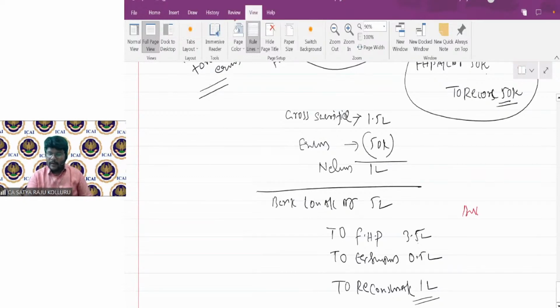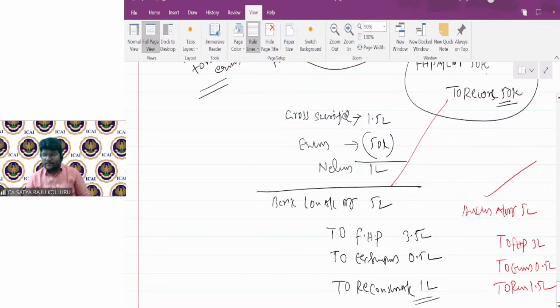So that is bank loan account debit 5 lakh, to freehold property 3 lakhs, to equity share capital 0.5 lakh. Remaining amount to reconstruction 1.5 lakh. If you check these 2 entries, the net impact will be the same as the single entry.